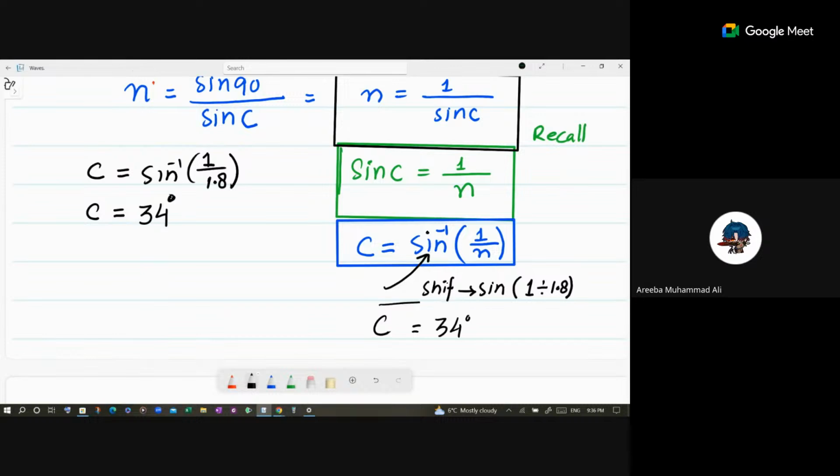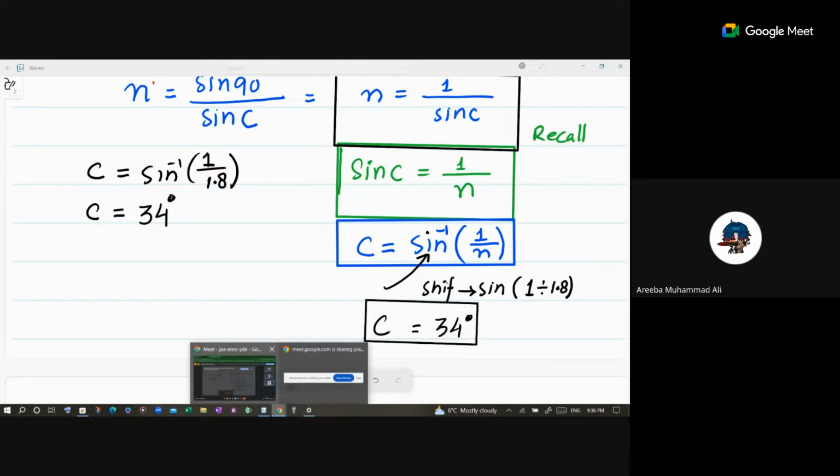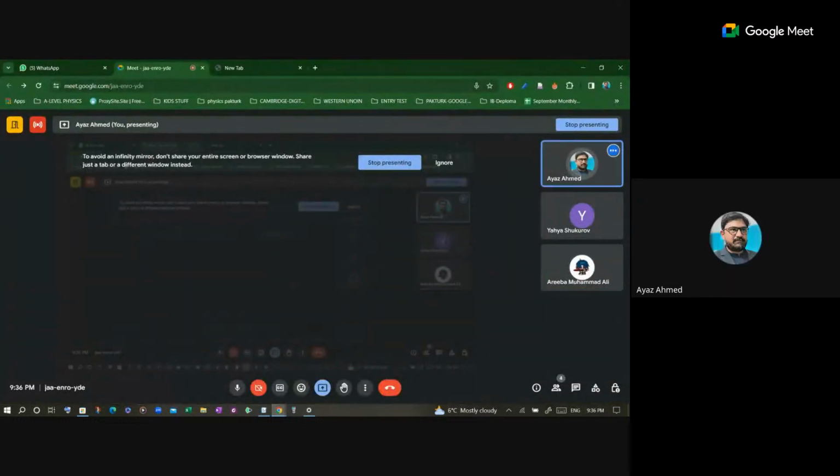Yes, Ariba. Whatever I calculated, I've gotten it in radian, and I don't know how to turn it into degrees. Oh, you have a button in your calculator. Shift. I'm not using my calculator. As a matter of fact, I lost it at school, so now I'm using the one on my phone. Can you send me a screenshot of that? I have one on my phone. Is it scientific? Sir, I'm using the scientific calculator of Google.